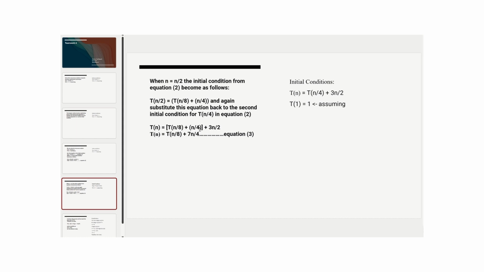So it becomes this part here, and we're going to add 3n/2 to it. So the entire equation becomes T(n/8) + 7n/4, and that's the third equation.